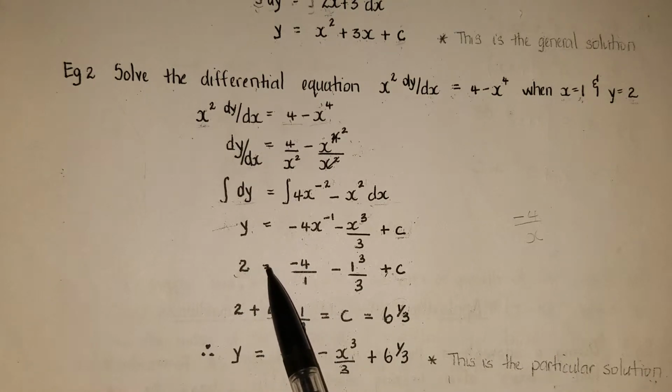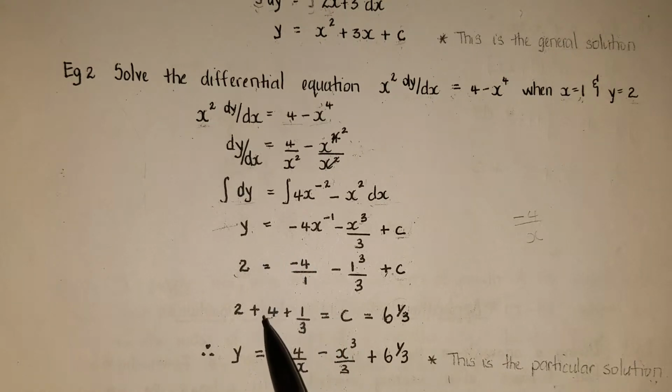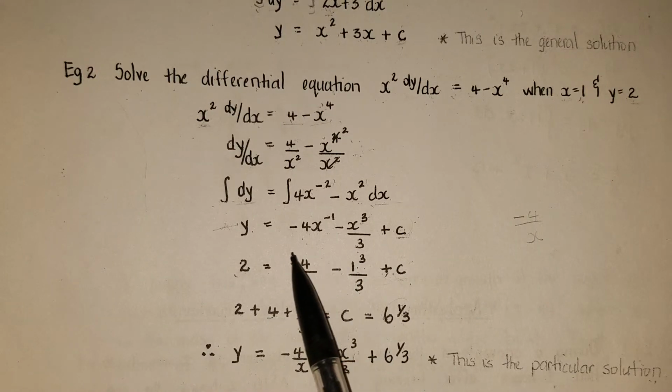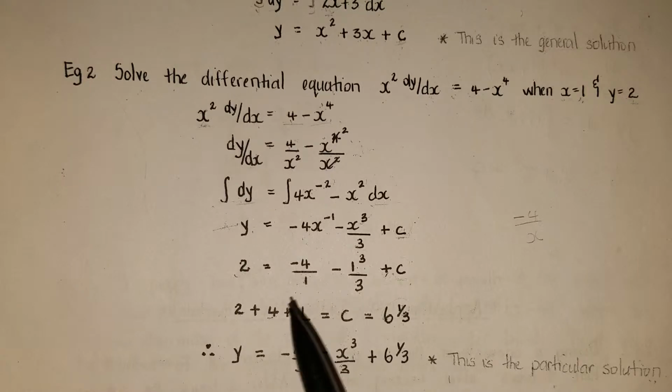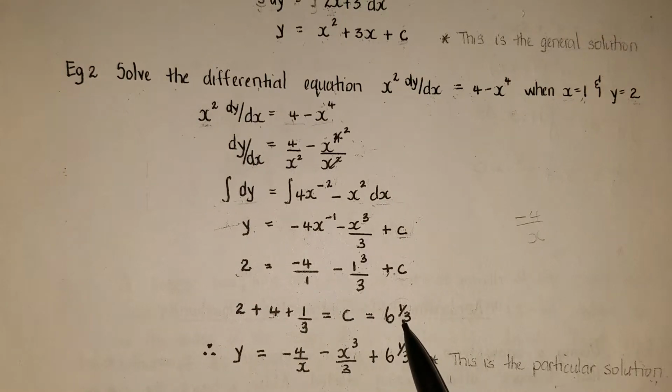So the equation reads 2 equals c. This negative 4 is brought over to become a positive 4. This negative 1/3 is brought over as a positive 1/3. So now we have 2 plus 4 is 6, plus 1/3, 6 1/3. So therefore our c is 6 1/3.